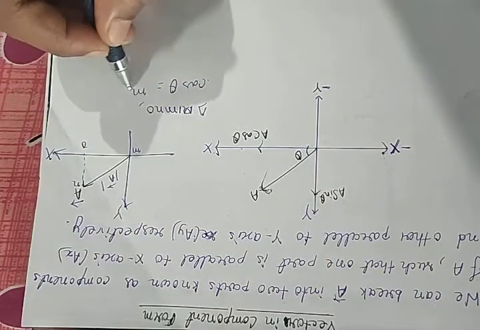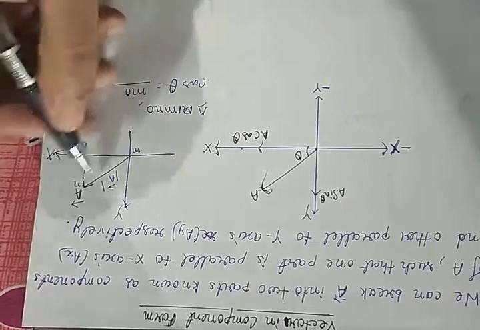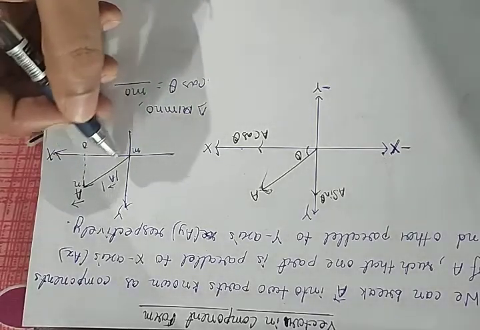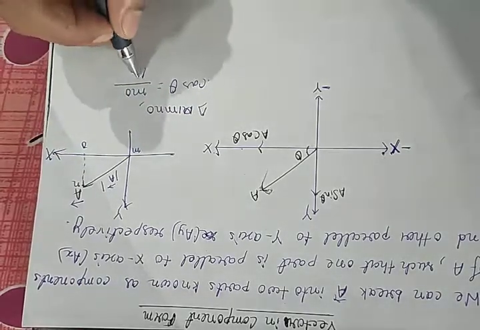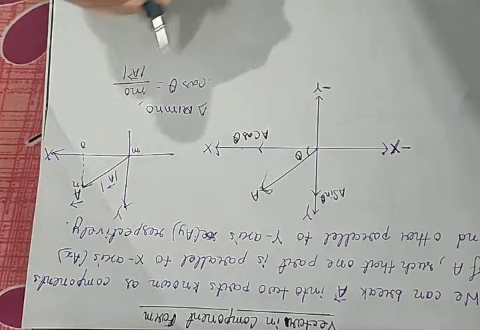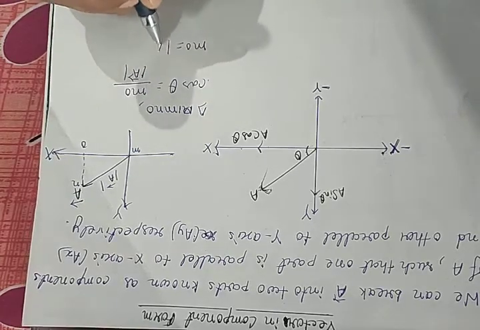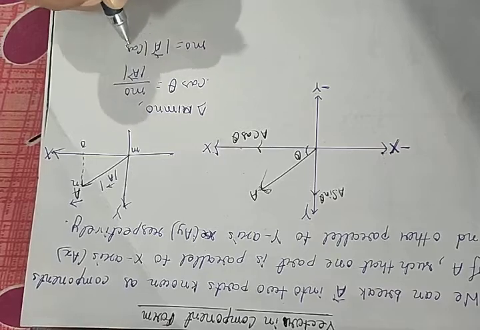Base is MO divided by hypotenuse. What is the value of hypotenuse? MN. The value of hypotenuse MN is mod of A. So from here you can say that MO is equal to mod A cos theta.